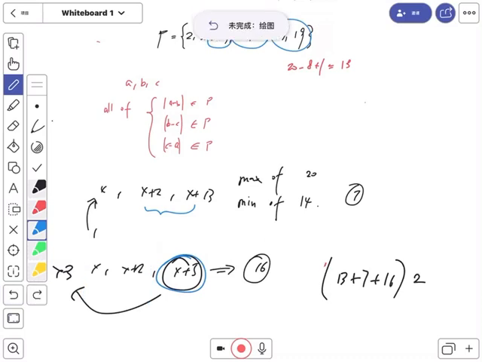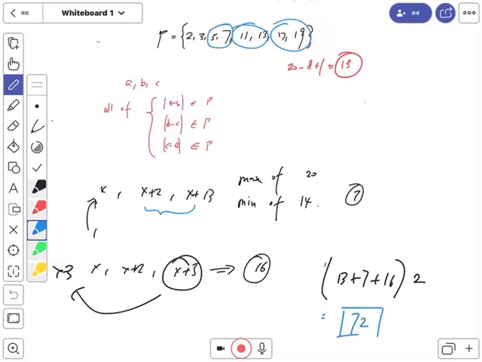And this produces the same number of variations. So we add these three numbers, but we want to multiply by 2. And this gives us an answer of 72, which is indeed our final answer.